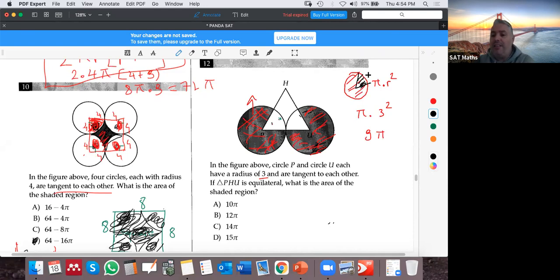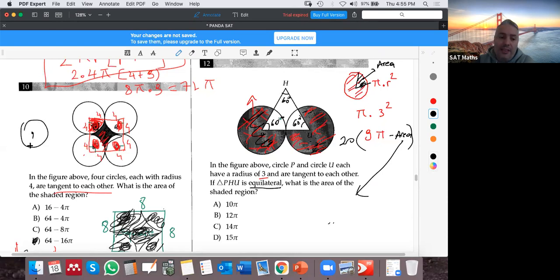If I find this area, then 9 pi minus this area will be this one, and times 2 will be both shaded regions. So the problem right now is how to find this area. To do this, we will use this information. It says equilateral triangle. What is an equilateral triangle? All the interior angles are 60 degrees. And we know how to find any sector area.